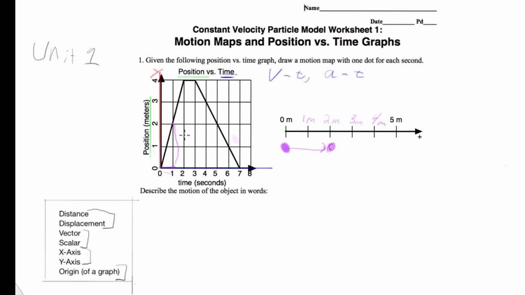Okay, and what happened between second 1 and 2? Well, second 1, which is this dot right here, is at 2 meters, and then 1 second later, it's at 4 meters. So I'm going to draw a line, and right there we're at 4 meters. Now I've drawn all these in a row because it uses the least amount of space.